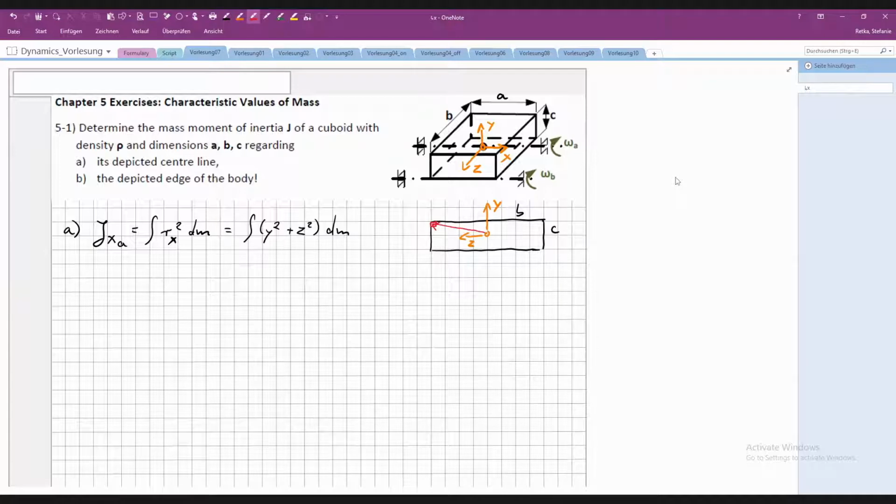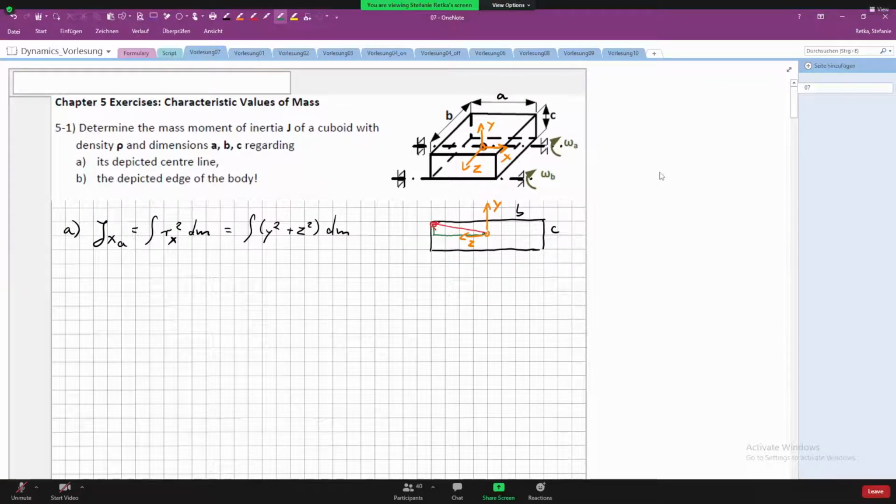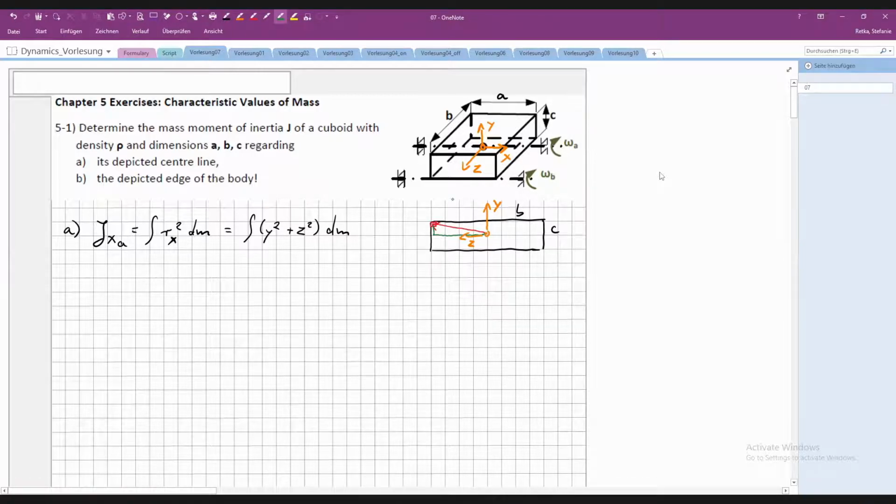Or we can draw this as a triangle, for example, like this. Now, the green line corresponds to the distance in Z direction and the distance in Y direction. Now, the red line, our radius, R squared is equal to y square plus z square.